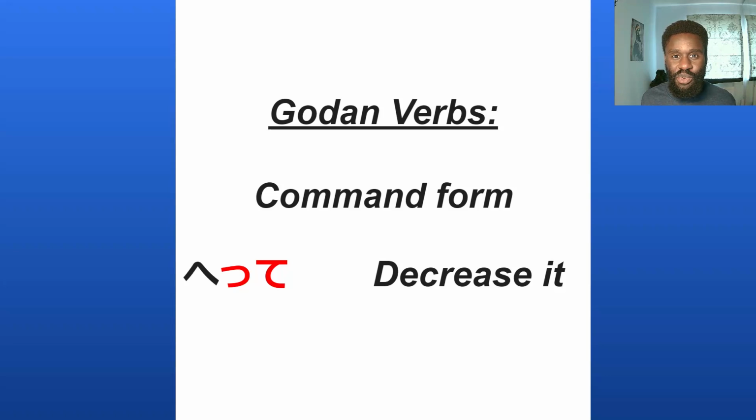So, in summary, the command form for Godan verbs is made by using the te base. And depending on the ending of the Godan verb, the te base may slightly differ. So, heru becomes hette.